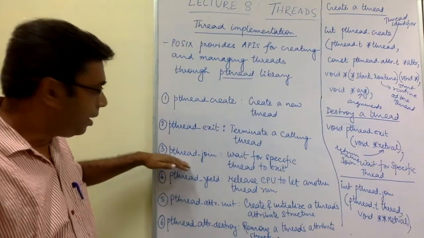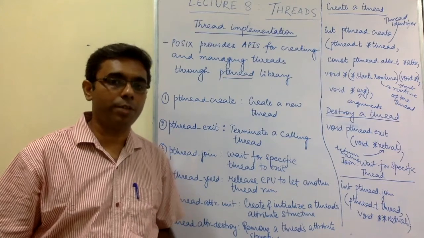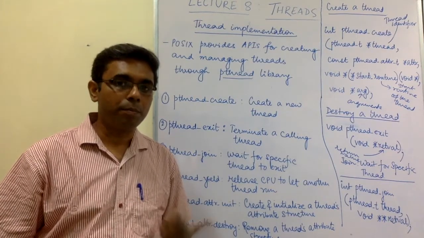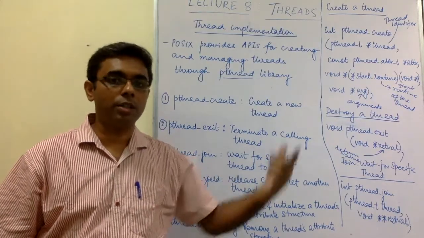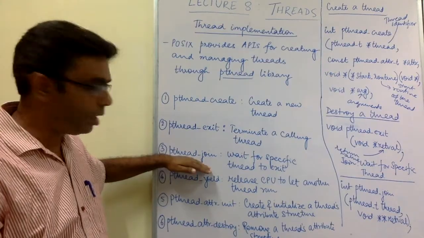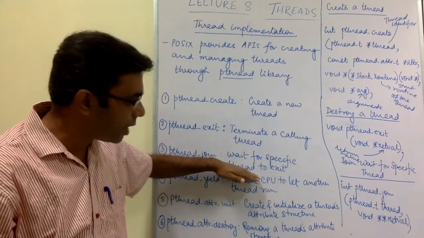Then, pretty similar to how you use the wait system call in case of a process, here too, if you would like a thread to wait on another thread, you use a function called pthread_join, which waits for a specific thread to exit.